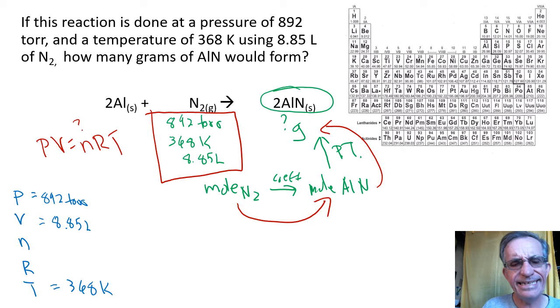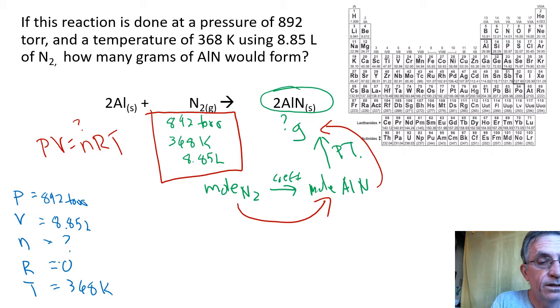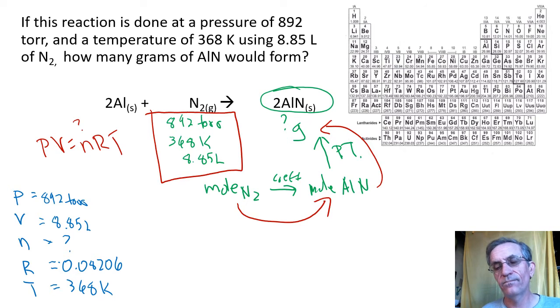So what I think I need to do, I need to solve for moles of nitrogen. We have everything. Oh, R is always that same number, 0.08206. Okay, so I think we're going to be okay using PV equals nRT because we got 4 out of the 5. We can solve for the one that's missing. The one that's missing is moles.